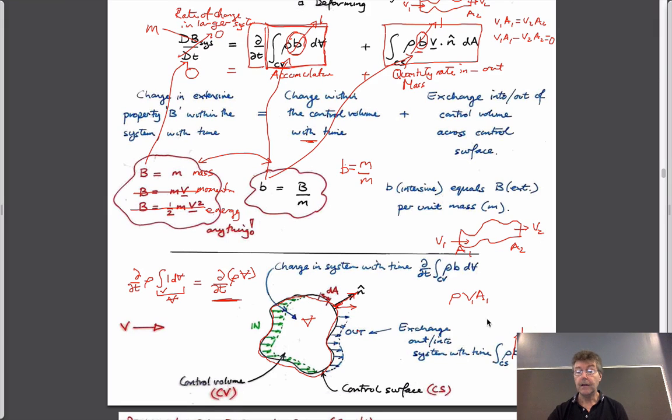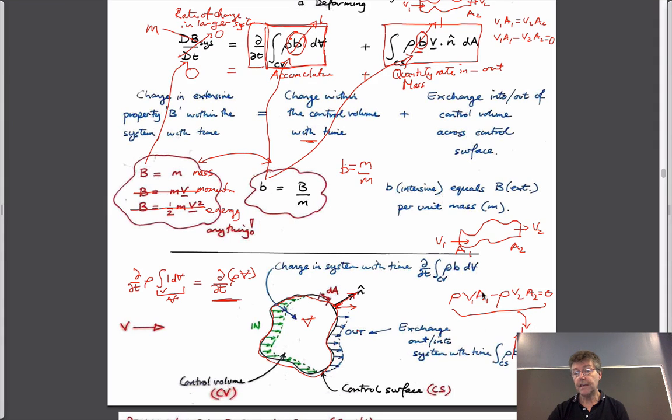Right? And so this, if you multiply each component, so this statement here is a slightly less scary view of this, right?